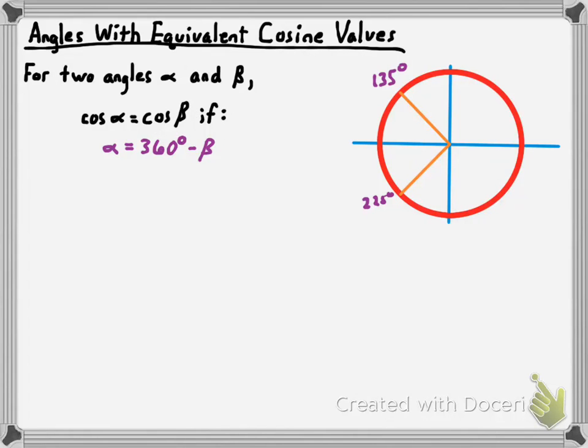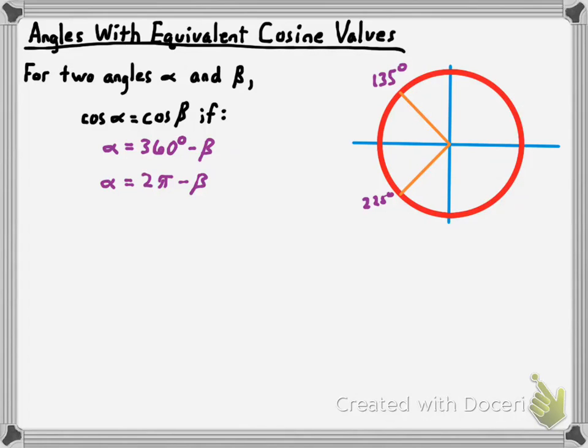To find another angle that has the same cosine value as any given angle, just subtract the angle that you have from 360. That's of course if you're dealing with degrees. In radians, the equivalent value to 360 is 2 pi. So any two angles adding up to 2 pi are always going to have the same cosine value, and to find an angle that has the same cosine value as something, you subtract that angle from 2 pi.